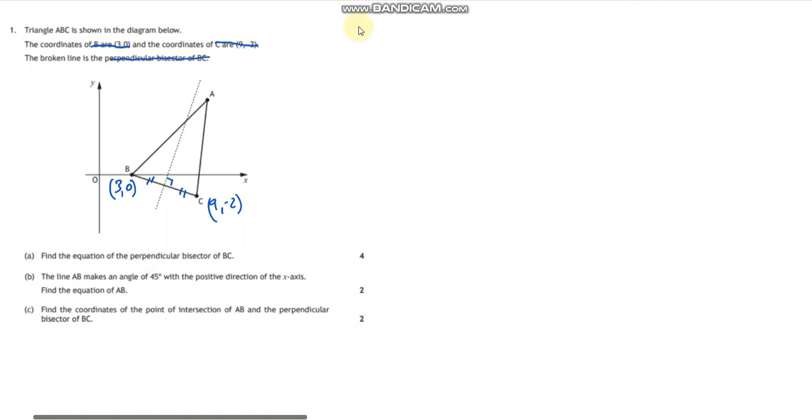Okay, so usually I start these questions with a point, gradient, equation kind of heading. Remember your gradient is y2 take away y1 over x2 take away x1, so it's just the difference of the y's divided by the difference of the x's, i.e. height divided by length, and this is your general equation of a straight line.